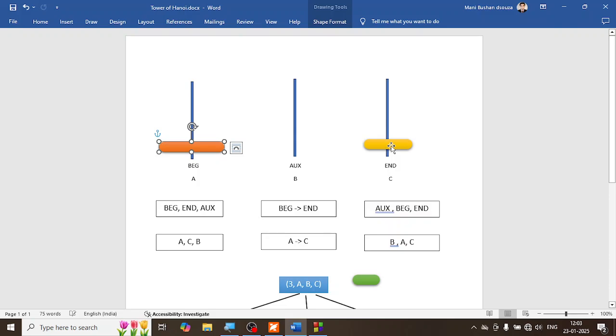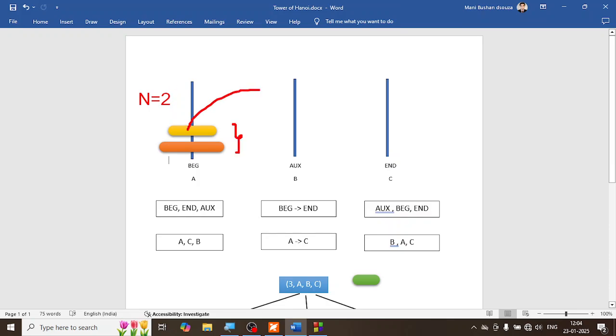So what is the solution then? You just take the smaller, top disk from here and put it in the auxiliary. So you move one disk from A to the next one. How many disks were there, by the way? Two disks, so let me write that n is equal to 2. How many disks are you moving?